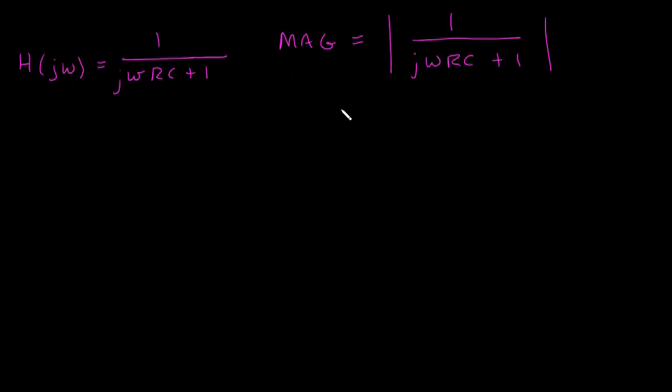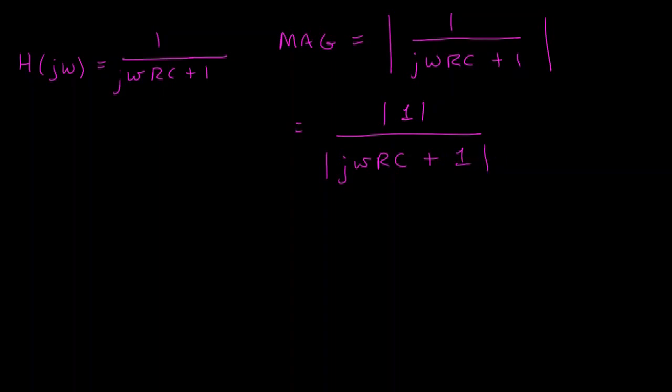And because of the way that the magnitude will work, that's going to be equal to the magnitude of 1, and I'll write 1 more clearly to distinguish it from my little magnitude bars there, divided by the magnitude of j omega RC plus 1.